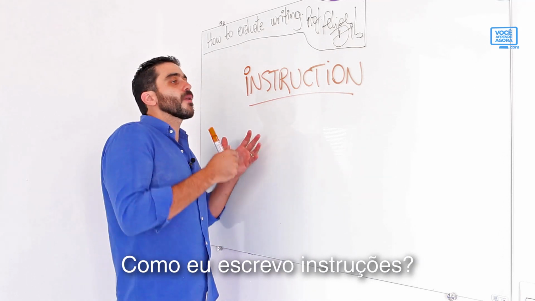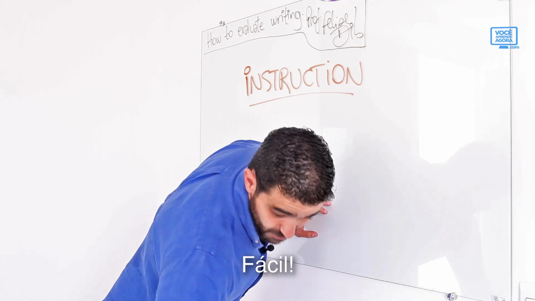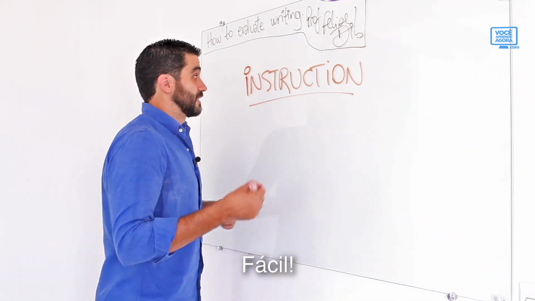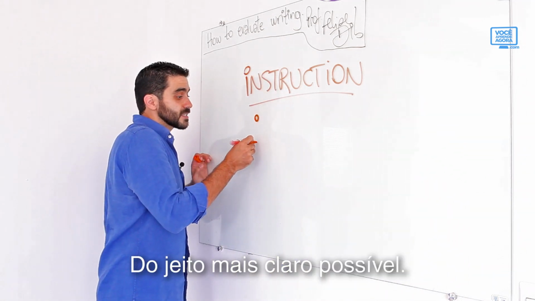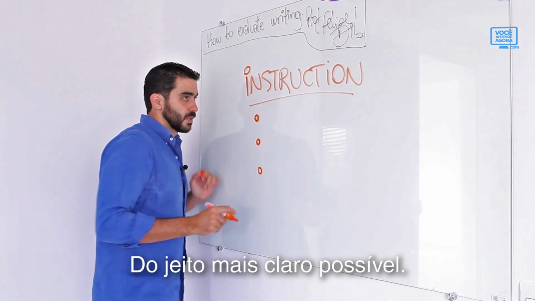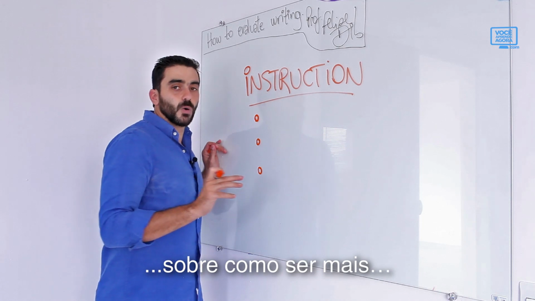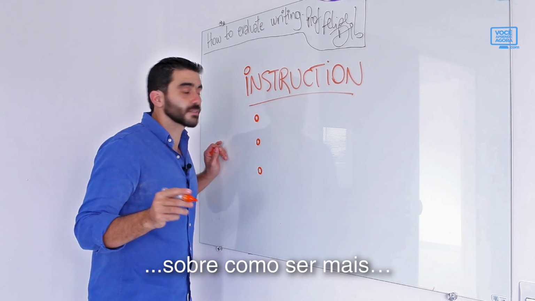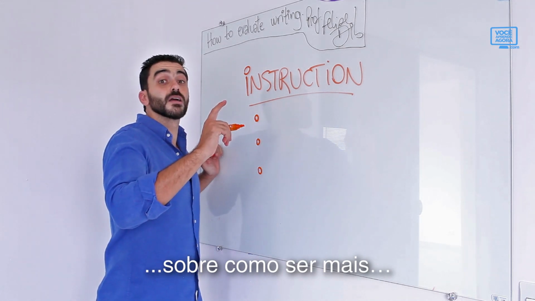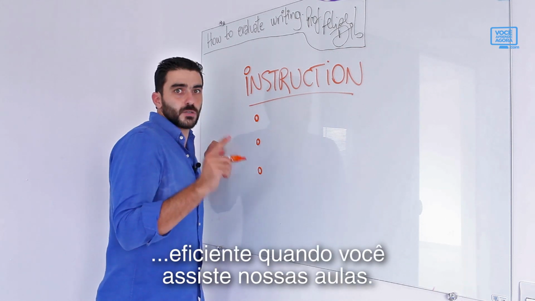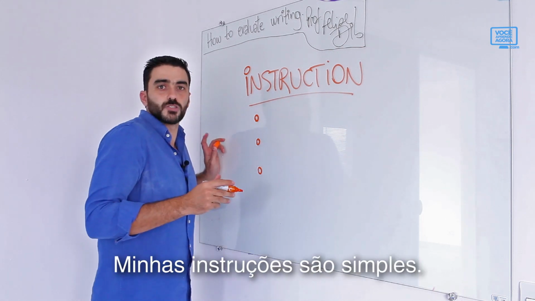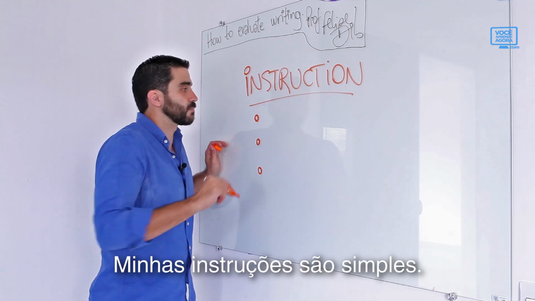So, how do I write instructions? Easy. In the clearest way possible. I want to give you instructions about how to be more efficient when you watch our classes. My instructions are simple.